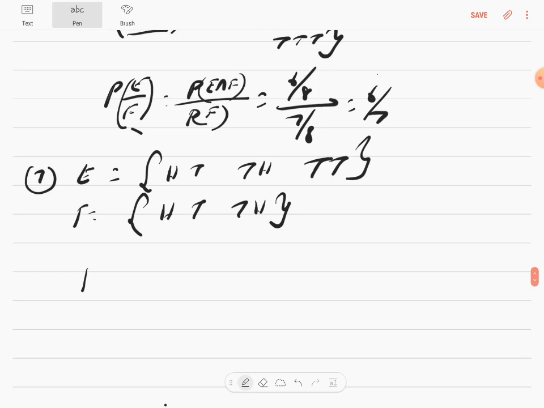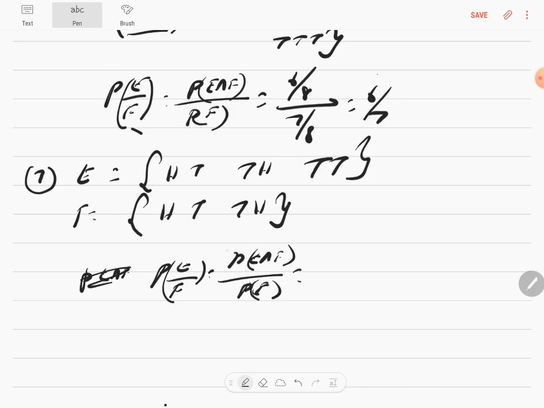That's how I think. So P of E given F is P of E intersection F by P of F. The intersection is HT and TH, which is 2 out of a sample space of what?